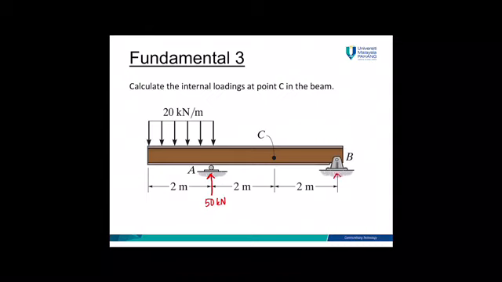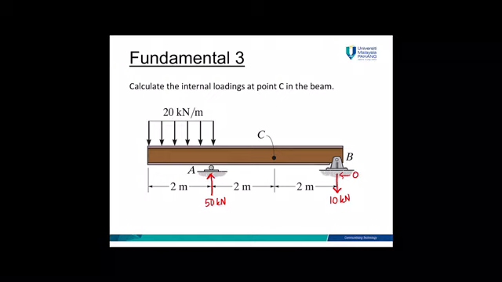And then BY, when you calculate, it is downward, is equal to 10 kilonewton. BX is equal to 0. Please do the calculation and remember back how you did the calculation for uniform distributed load.